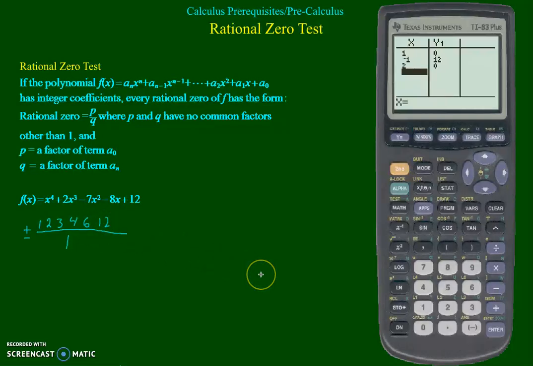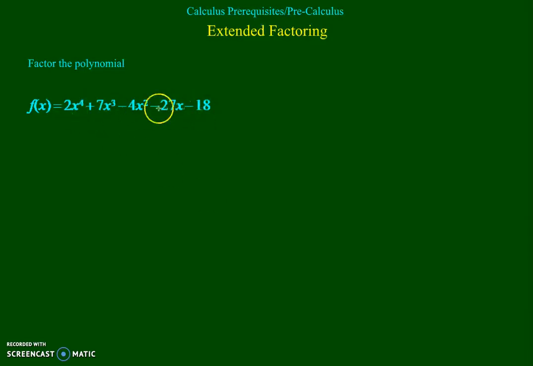So let's do this one more time with another example to make sure you get the idea. Here we have another polynomial, and I need to factor it. We know that there's going to be 4 factors here. They may not all be rational, but let's see if we can pick out some rational zeros.